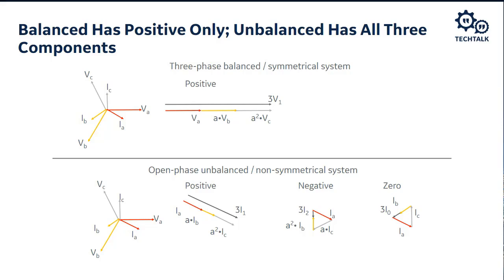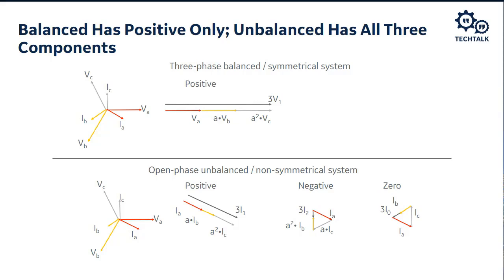Now, typically, when I think about these quantities, if I have a balanced system, I'm going to have only positive sequence quantities. We know that from what we just did. What I also know is that anytime ground is involved, I have 0 sequence quantities also.